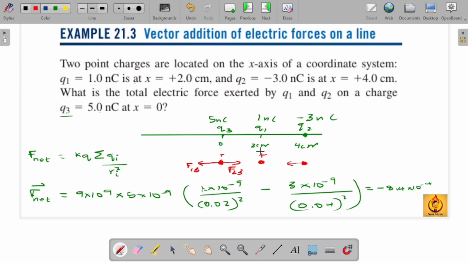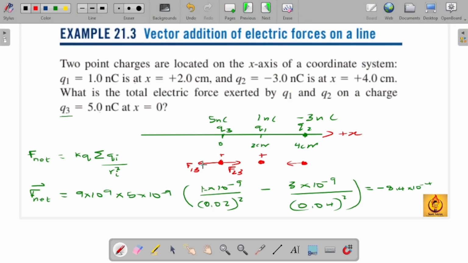So let's check that our signs are okay here. We said in here we are just going to put them in vector form. So in vector form, we take positive as to the right. Now our force due to 1 nanocoulomb is this one, and it has to be to the left.